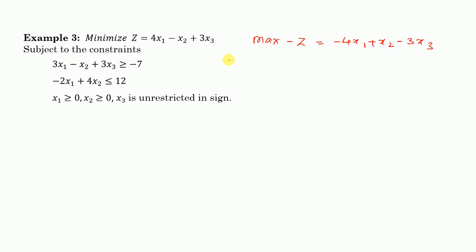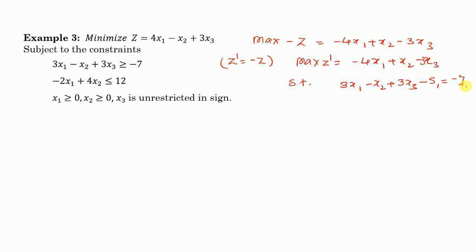Further you can write it z dash equal to minus z, then you can write it maximize z dash equal to minus 4x1 plus x2 minus 3x3 and subject to 3x1 minus x2 plus 3x3, this is greater than equal to, so we'll subtract one variable minus s1, this equal to minus 7. Next one is minus 2x1 plus 4x2 plus s2 equal to 12.